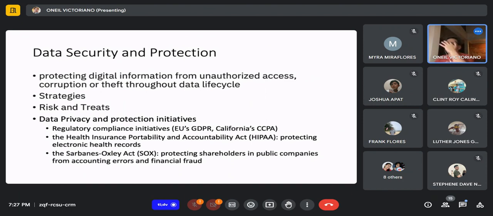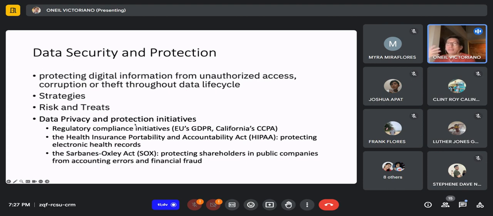So to continue, one of the main functions for data quality for data governance is data security and protection. So looking into protecting the digital information from unauthorized access, corruption, or theft throughout the data lifecycle. So there would be a lot of strategies looking into risks and threats, and basically looking into data privacy and protection initiatives.